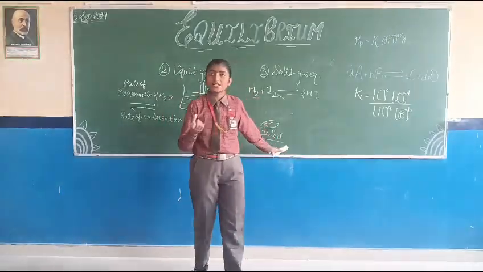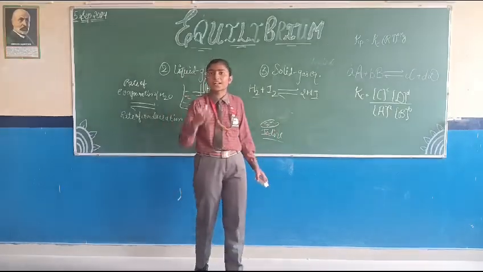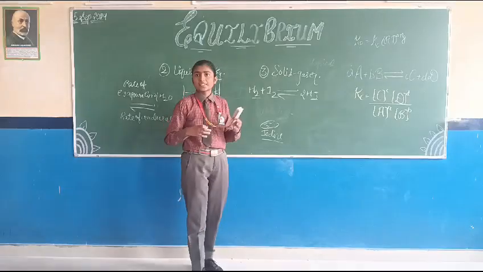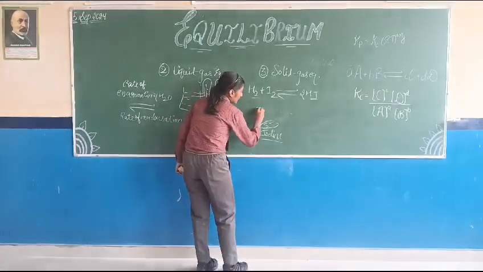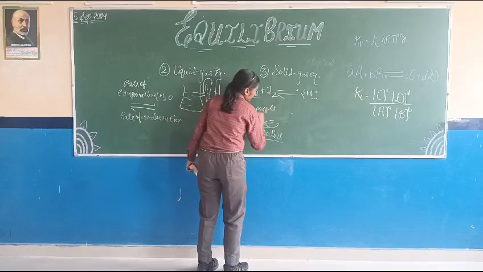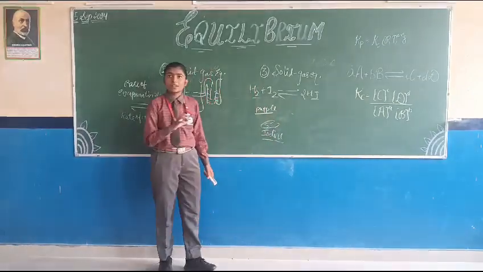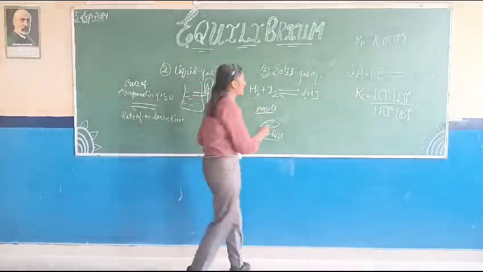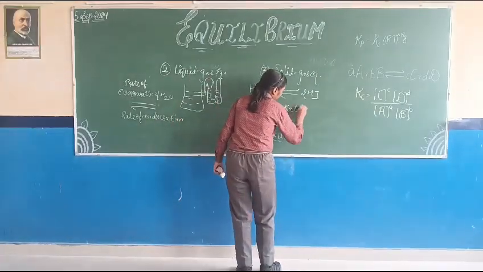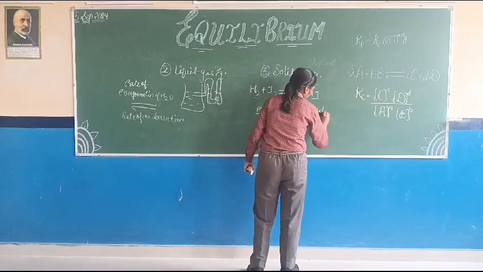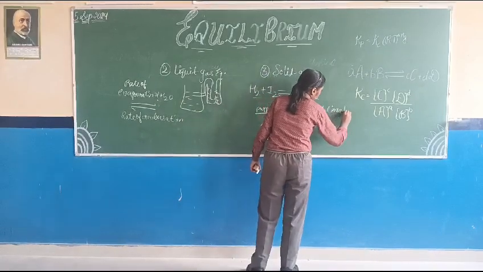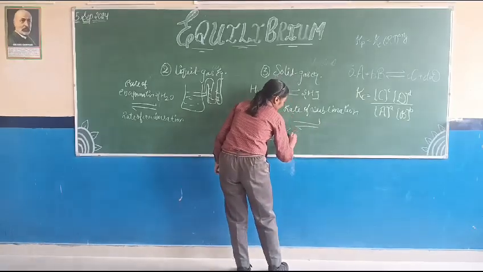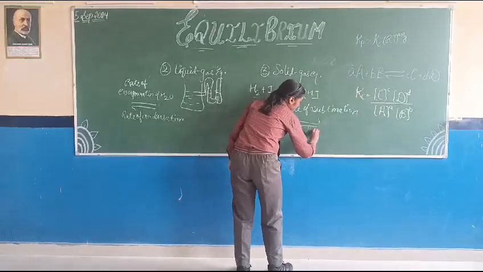It is in the solid state, but after some time it starts evaporating, and its intensity becomes darker and darker, and its vapors are purple in color. But a time comes when the intensity of the vapor becomes constant. So we can say that the rate of sublimation is equal to the rate of deposition.